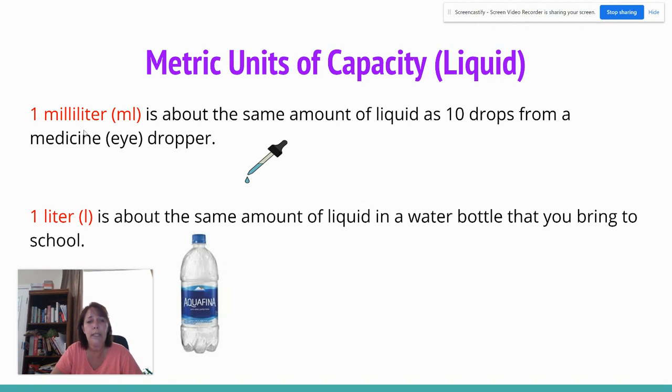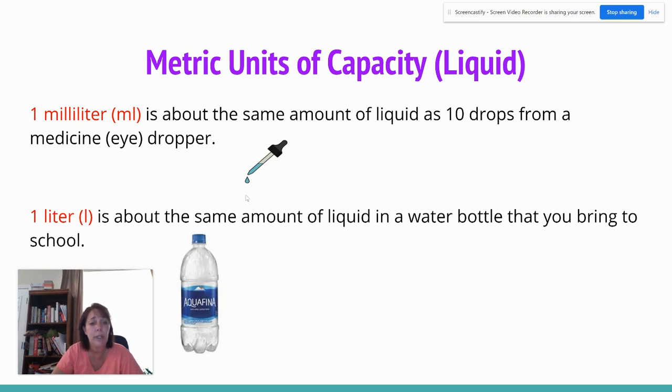So 1 milliliter is about the amount in those little eyedroppers, if you've ever seen somebody put something in their eye, or if you've ever had to get a dose of medicine. It'd be about 10 of those drops. So that's not very much. It isn't something that you would want to fill your bathtub or a swimming pool with.